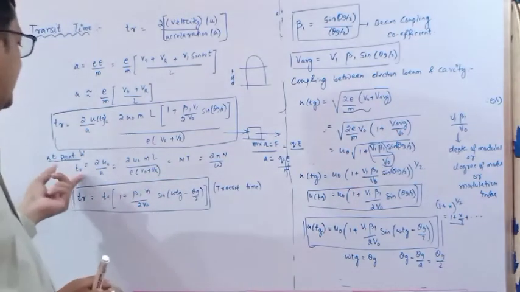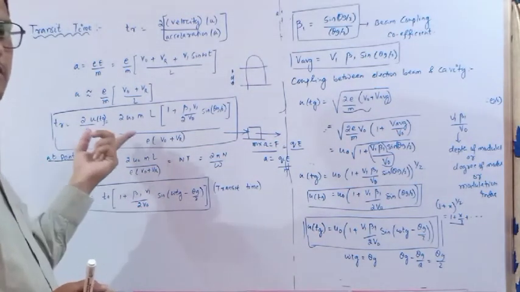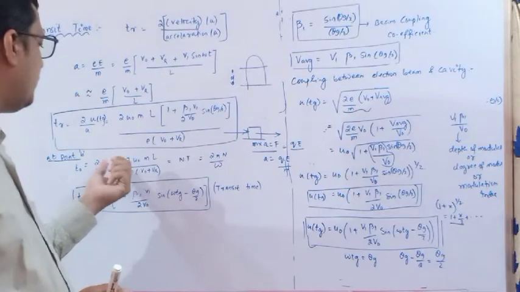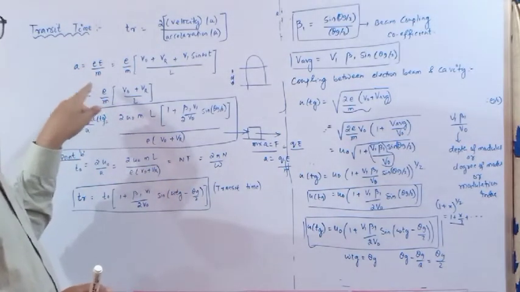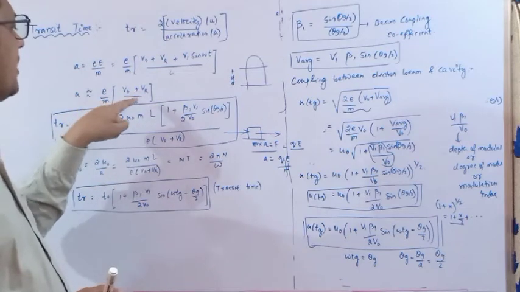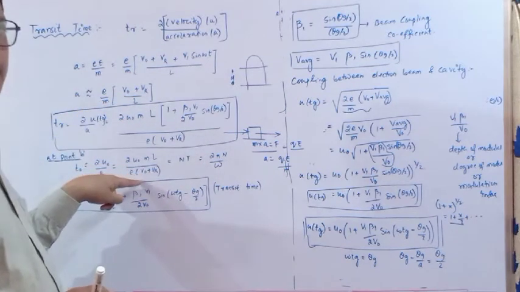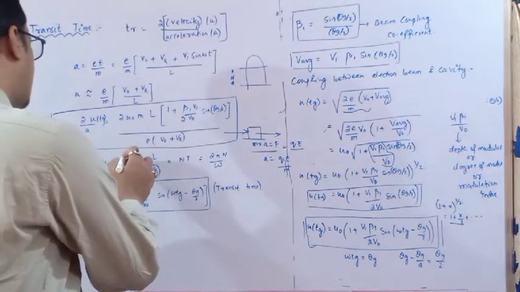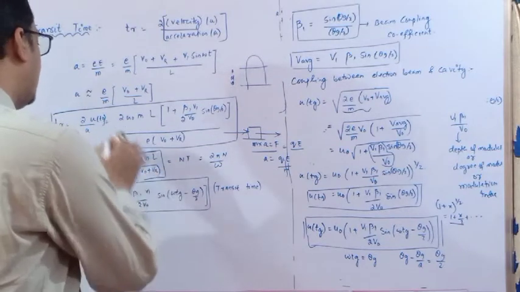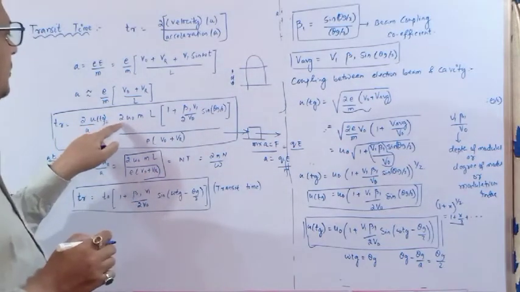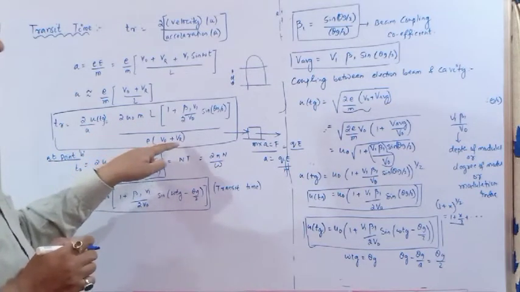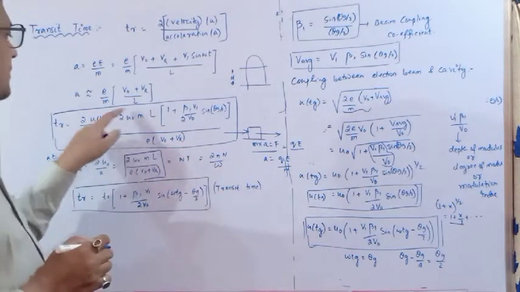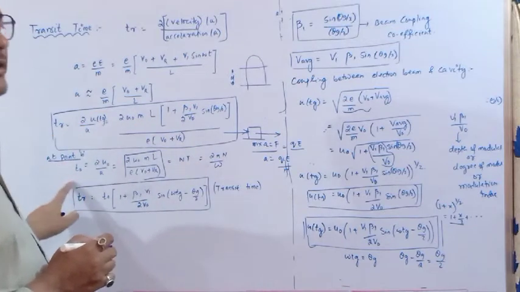So here at T0 I write 2u0 by A. In place of A, substitute the acceleration E by m (V0 plus VR) by L. Then twice u0 mL divided by E into (V0 plus VR), and this whole term I can write as T0.